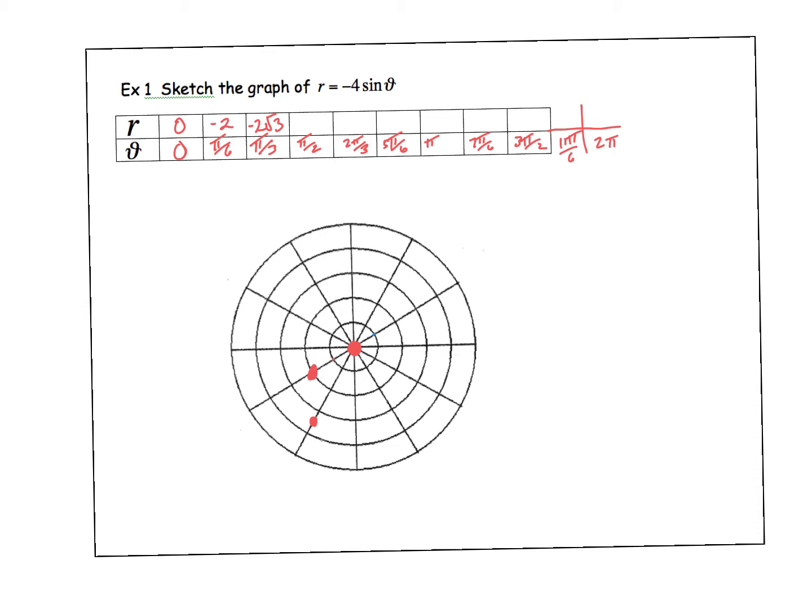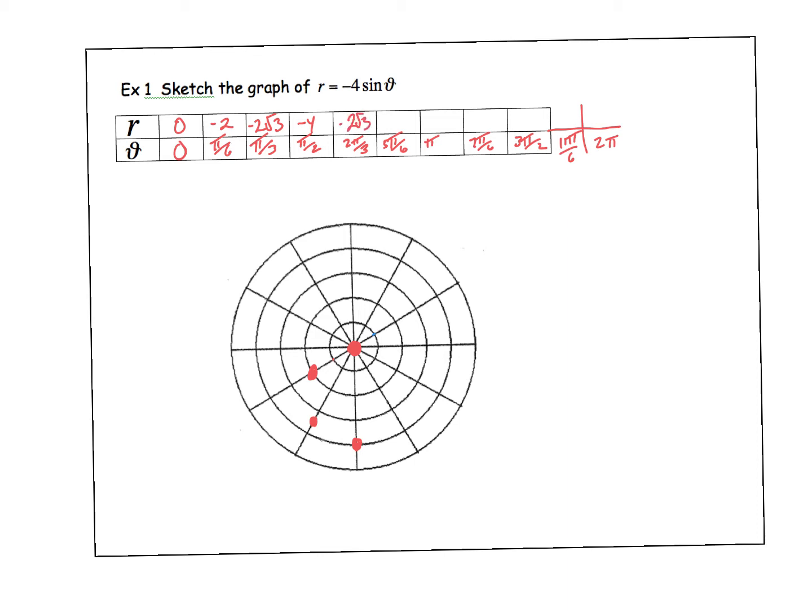Please let me know if plotting these points is a challenge. Okay, I'll slow down and I'll go through it. Pi over 2 would be 1 times negative 4, we get negative 4. So again, pi over 2 is straight up. It's a negative 4, so we walk down instead to the circle of radius 4. 2 pi over 3, that would give us a root 3 over 2 again, so it's a negative 2 root 3.